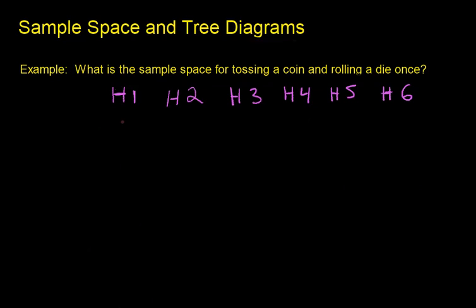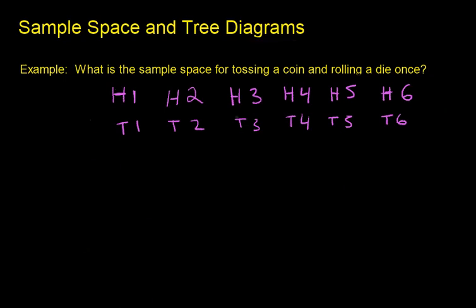No one said you have to have a head. You could have gotten a tails. Tails and a 1, a tails and a 2, a tails and a 3, a tails and a 4, tails and a 5, and a tails and a 6. You could have gotten any of these possible outcomes. So this is a listing of all the different events that are possible. So this is your sample space for tossing a coin and rolling a die once.